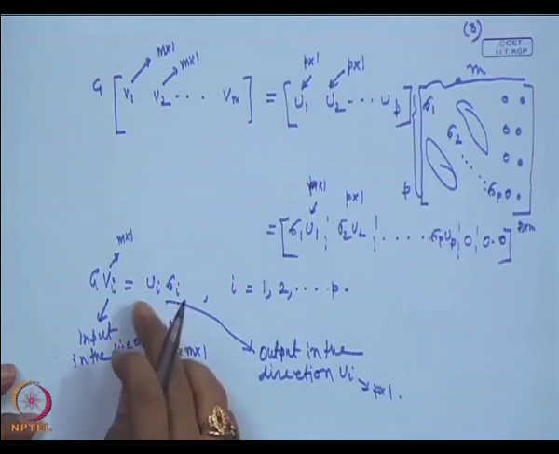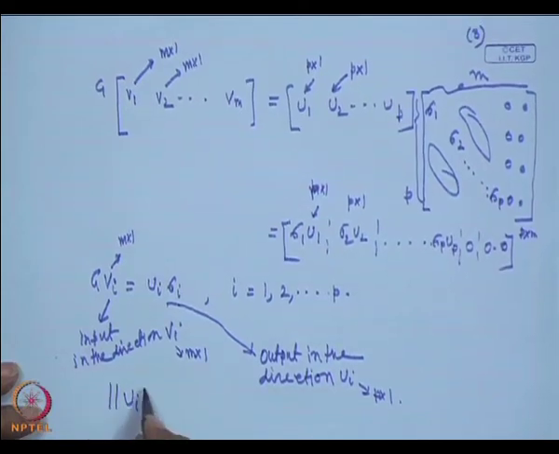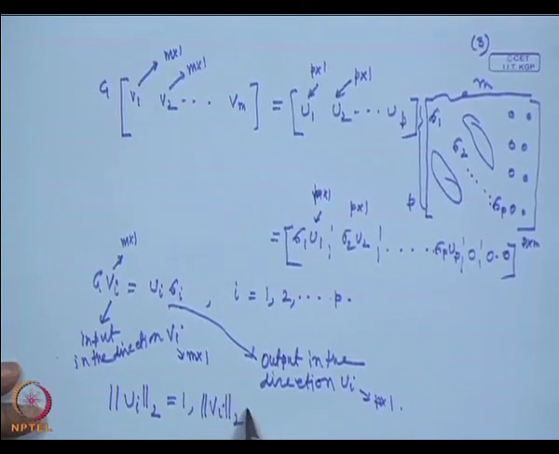Further, since U and V are unitary matrices, the Euclidean norm or second norm of u i is equal to 1 and the second norm of v i is equal to 1.